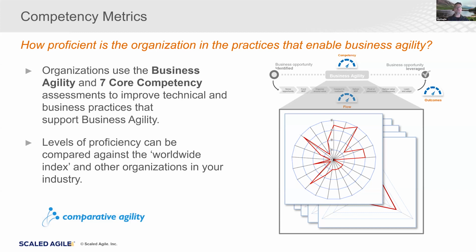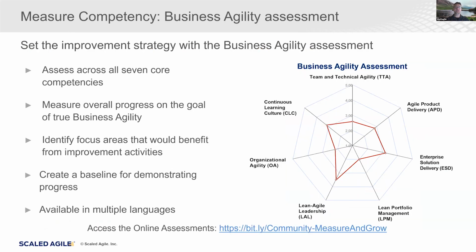And our Business Agility competency first takes a high-level view of the organization. How are we doing towards overall business agility in each of those seven core competencies, and how do they roll up to achieve that overall proficiency of the organization in enabling business agility? So the Business Agility assessment comprises, as I mentioned, each of those seven core competencies.